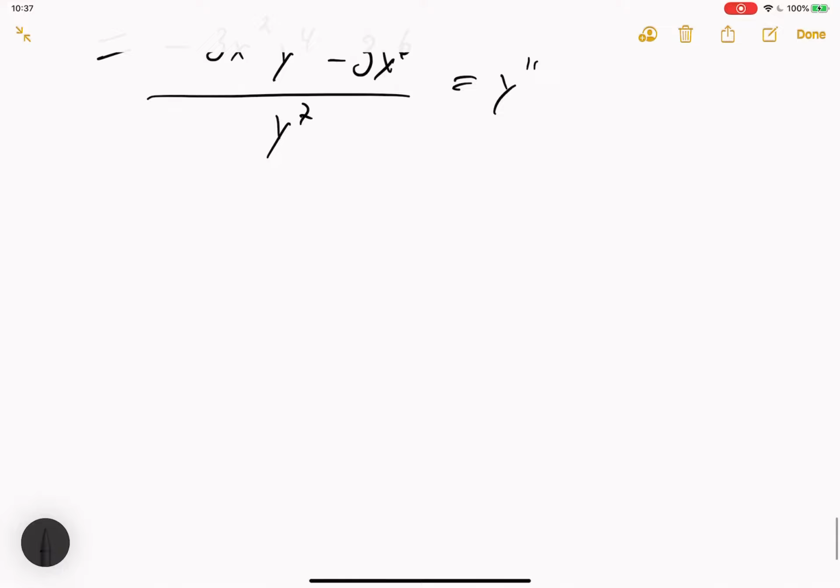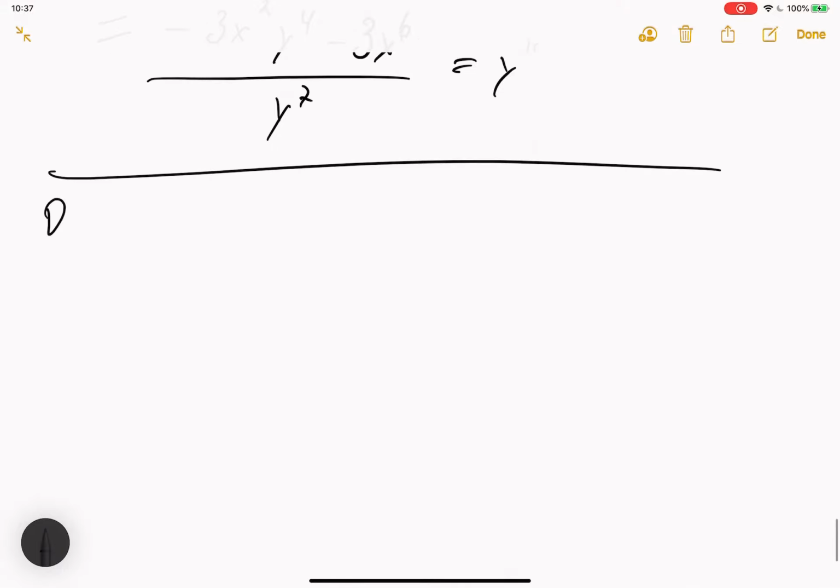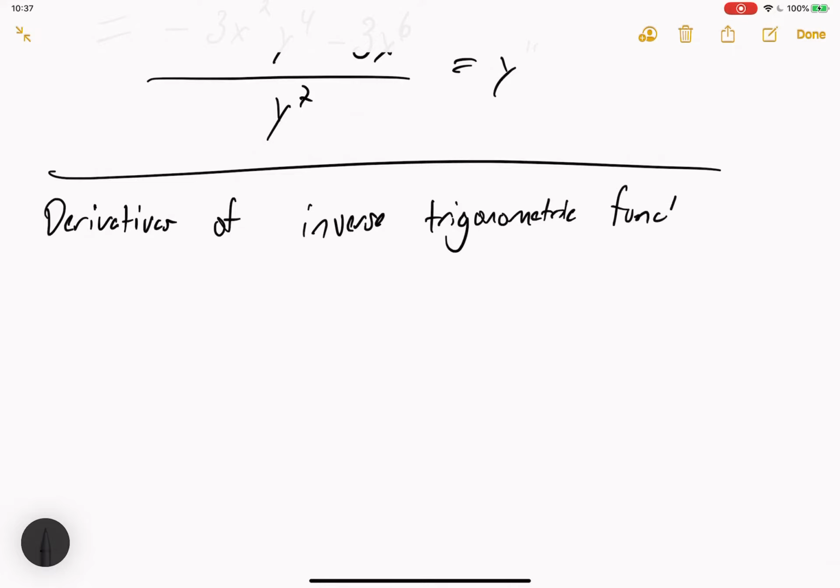So let me write that down. We know the derivatives of sine of x, cosine of x, tangent of x, and a lot of the trigonometric functions.